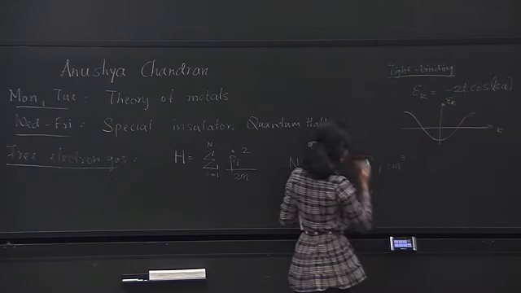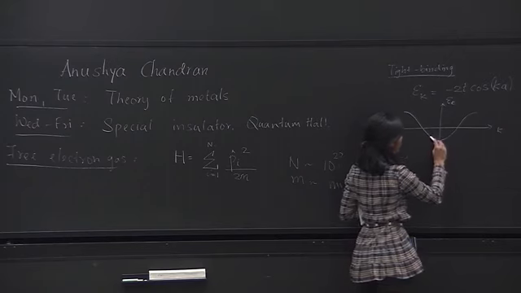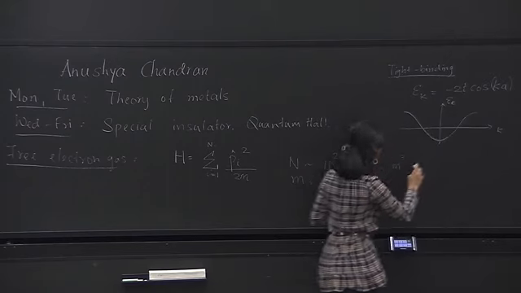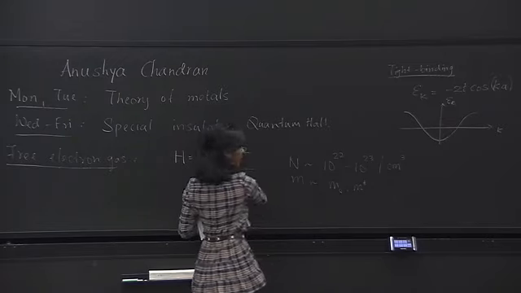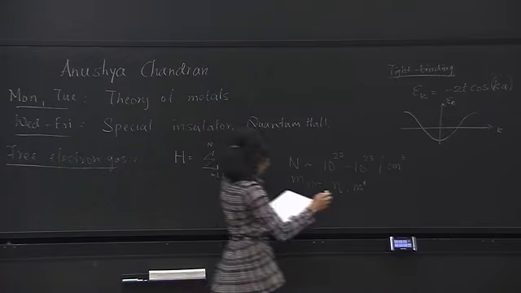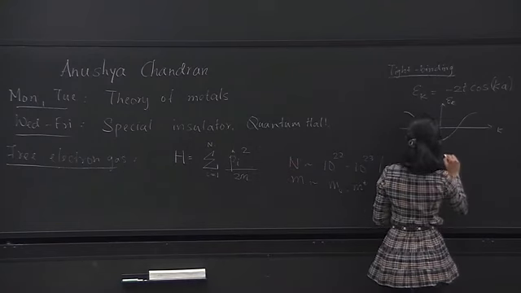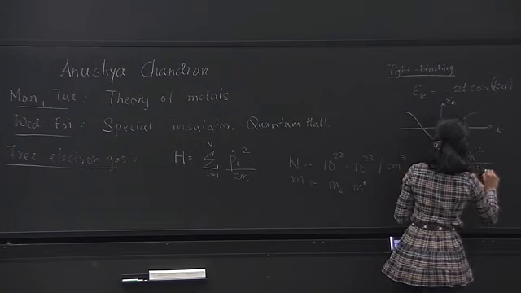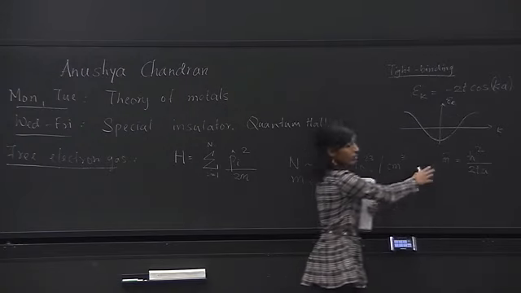And if we now imagine expanding this dispersion right by the bottom here, we would get a Hamiltonian that looks a lot like this. Actually, it looks exactly like this to leading order, except the mass is h bar squared over 2ta squared.